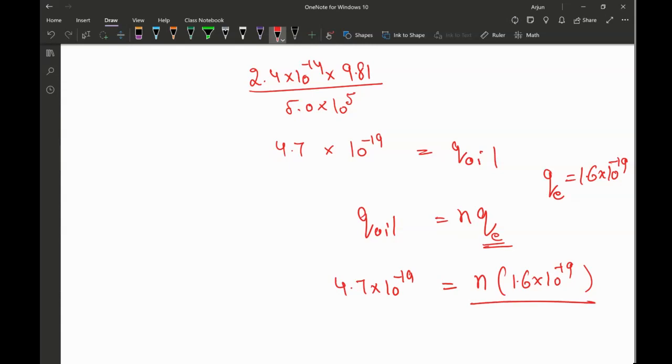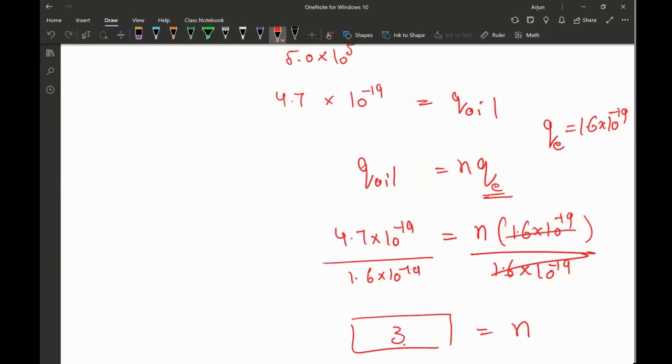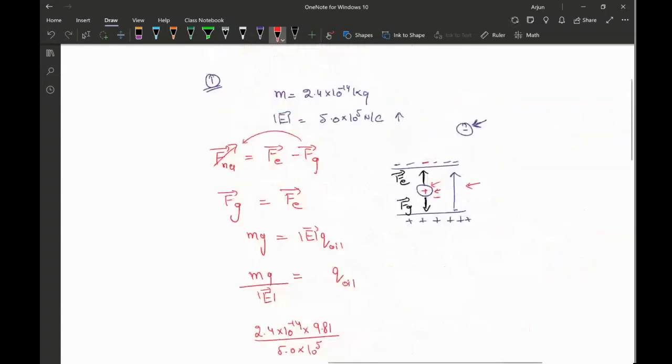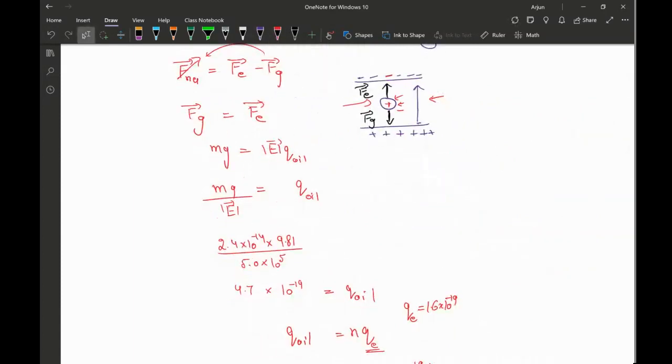Dividing both sides by 1.6 times 10 to the negative 19, approximately 3 electrons have been lost. Why lost? One more time, because it came out to be positive down here. So hopefully you were able to understand this question.